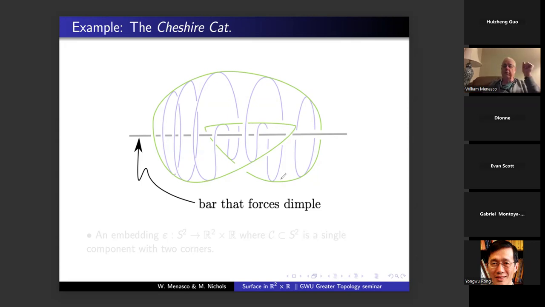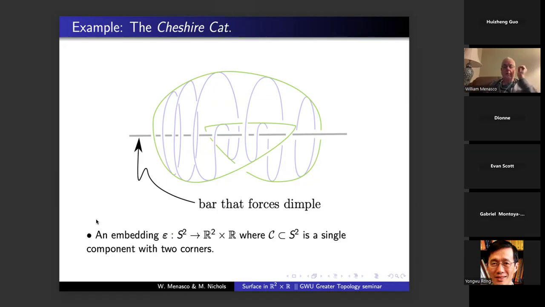onto R2 at the XY plane, you would get this crease set here where you got these two vertices here and here. So this is one of the first examples that we found interesting.